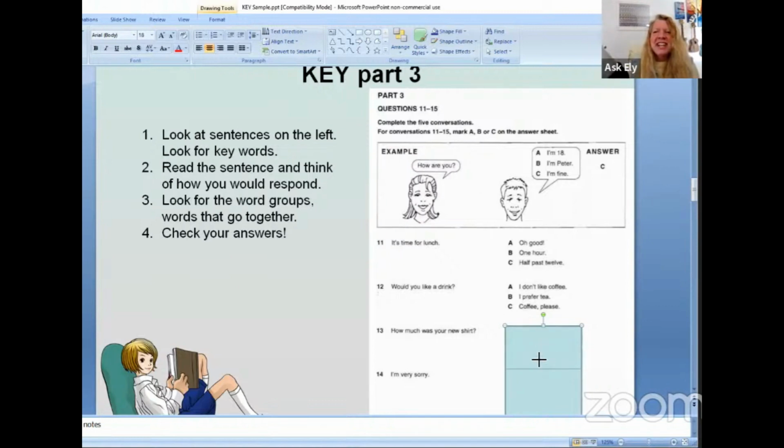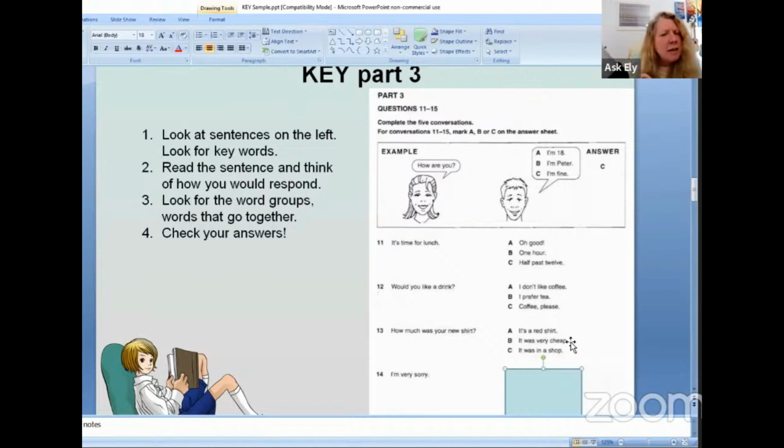All right, let's think of the answers. It's a red shirt. Did you ask me what color my shirt was? Does it say color? No. It was very cheap. When we say the word cheap, we think of money. Very cheap.